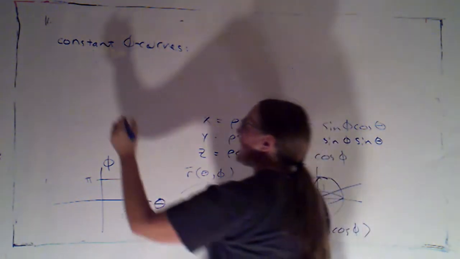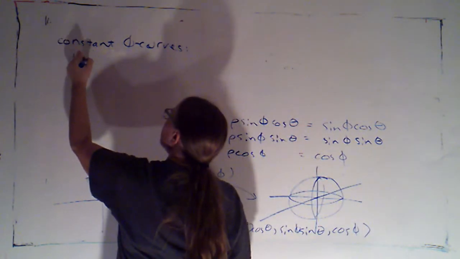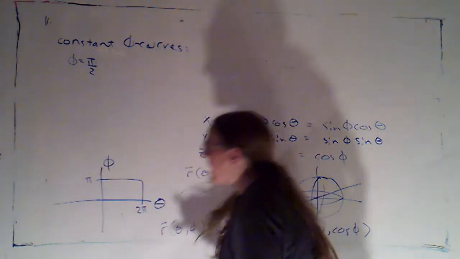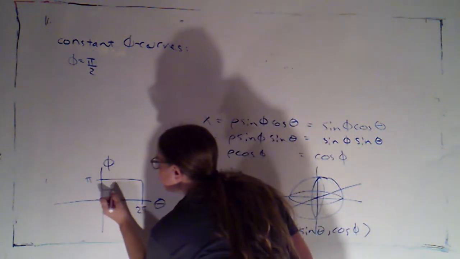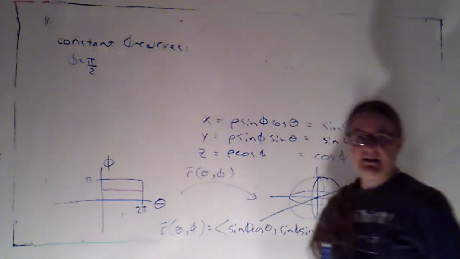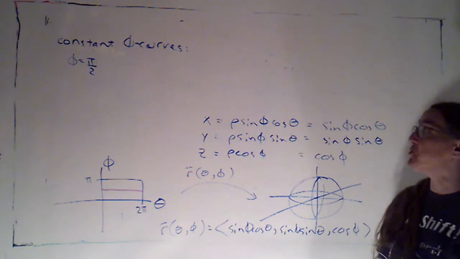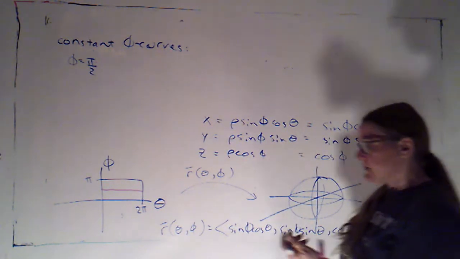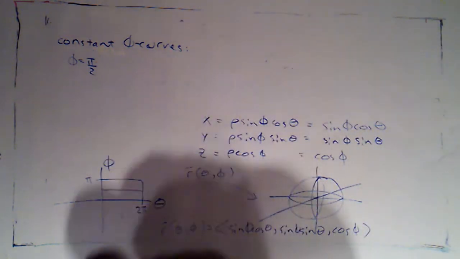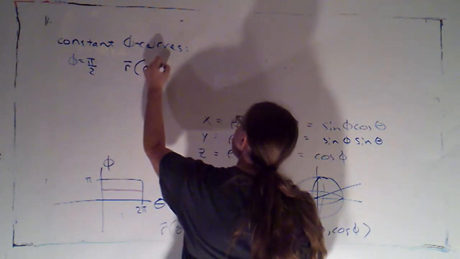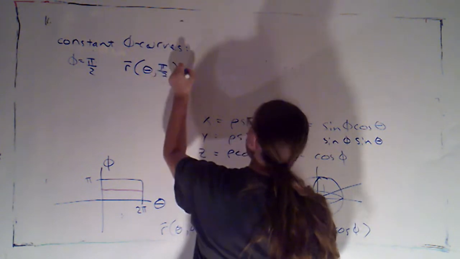Let's take a look at if phi is pi over 2. So if phi is pi over 2, I'm just looking at that horizontal line segment right here. I'd like to see what points that maps to. So I'm going to look at R at theta, pi over 2.